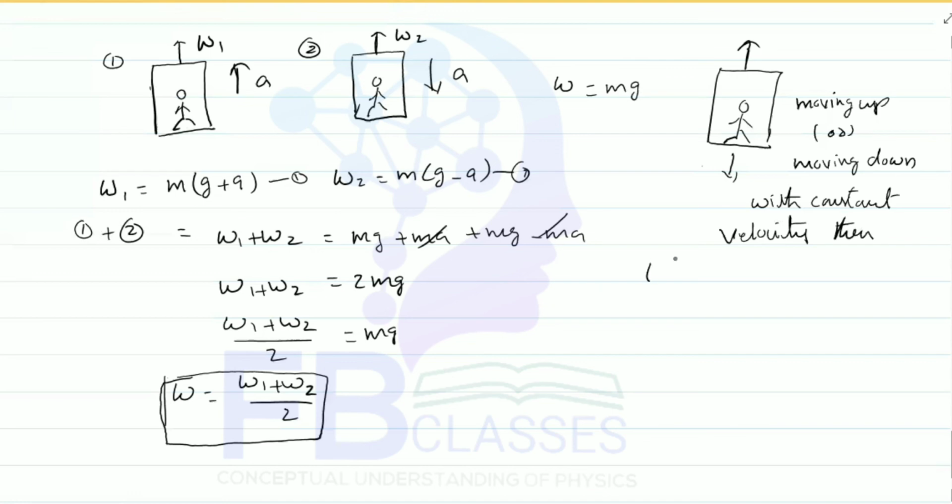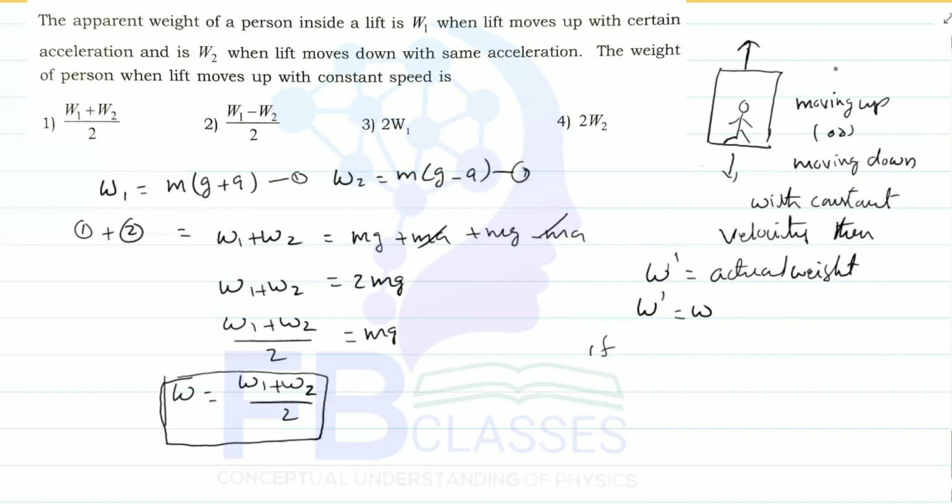Now the apparent weight is equal to the actual weight. So W dash is equal to W when the body is at rest, or moving upward or downward with a constant velocity. Now our first option is the correct answer, that is W is equal to (W1 plus W2) by 2. Hope you understand that.